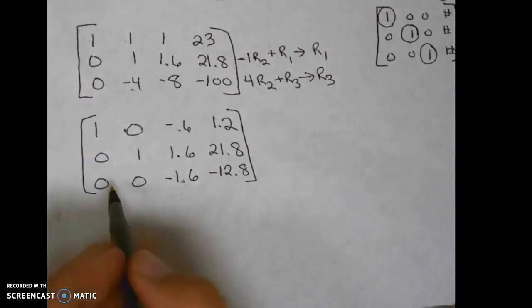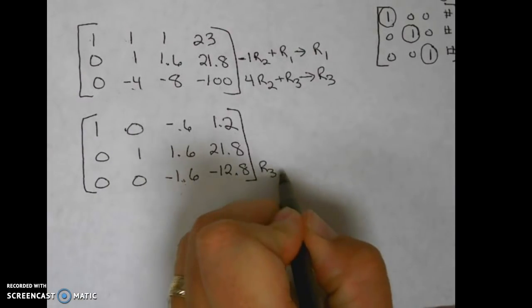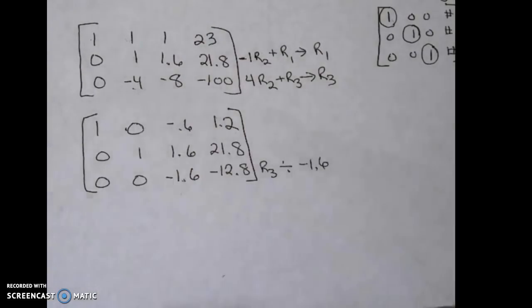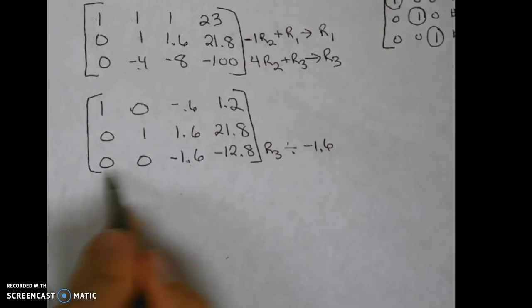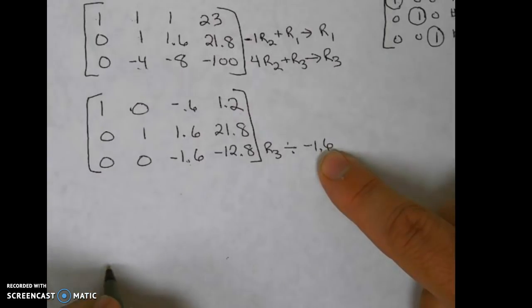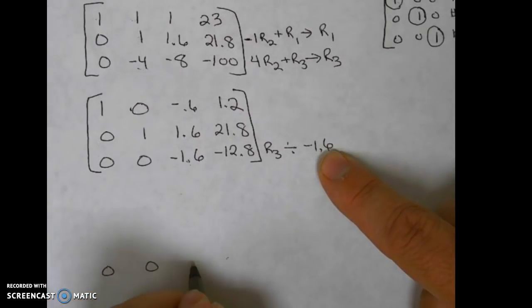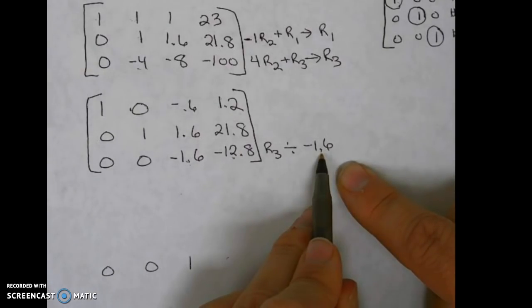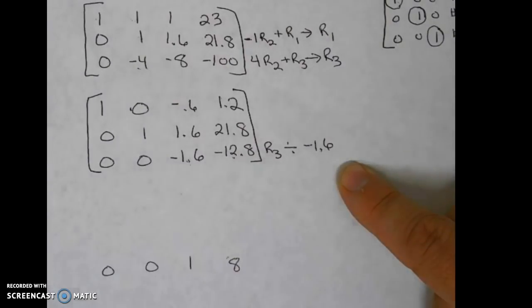So we're going to take row 3 and we're going to divide it by negative 1.6 because anything divided by itself is 1. So our new row 3, 0 divided by that is 0, 0, 1. And dividing negative 12.8 divided by negative 1.6 is 8.